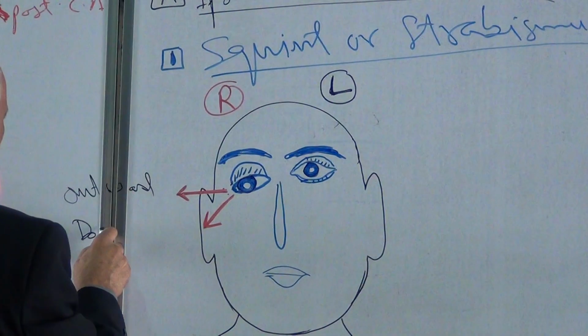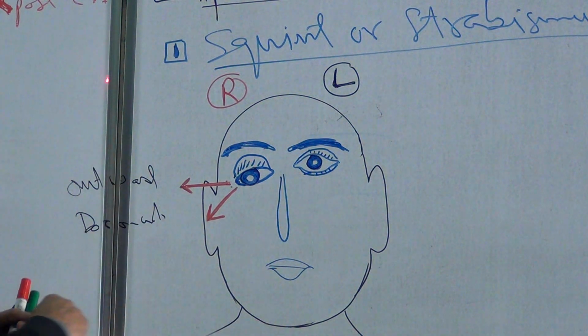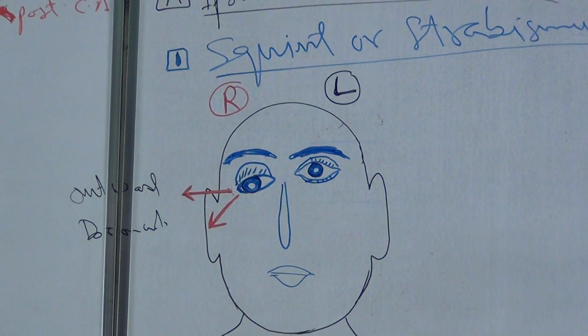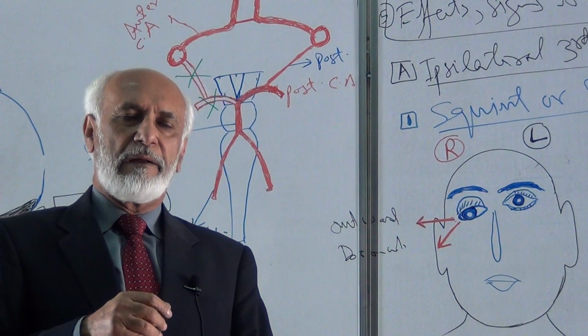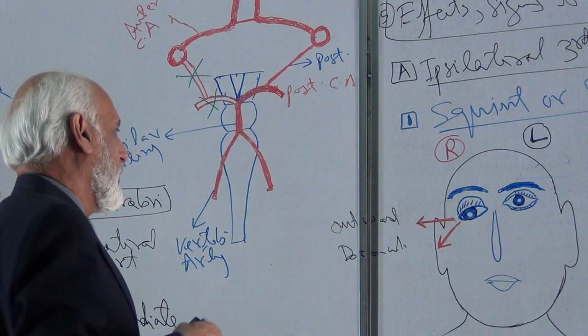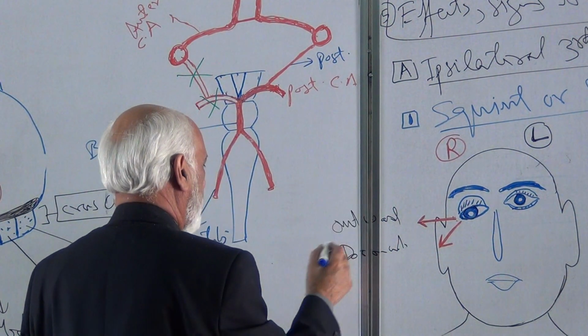This is because all the extraocular muscles innervated by the oculomotor nerve will be paralyzed except the lateral rectus muscle and the superior oblique muscle.